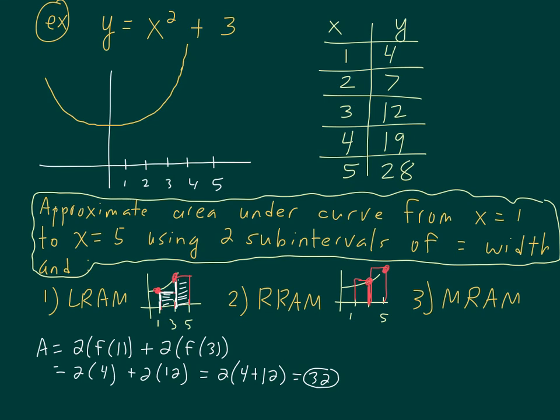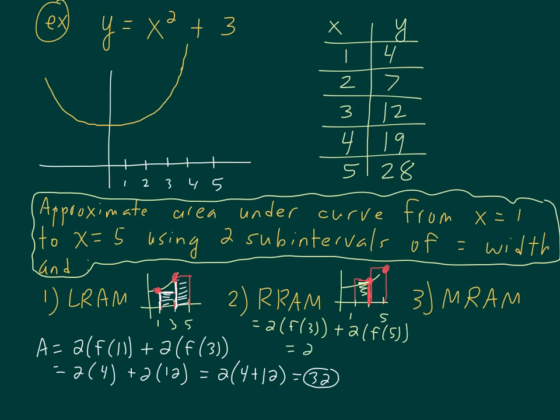So this time, for our area, we would have a width of 2, and this time I need f of 3 for this first rectangle. And then the second one, the area is 2 by, well, its height is f of 5.